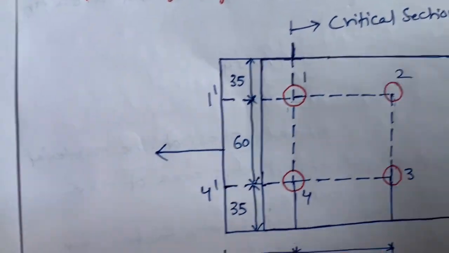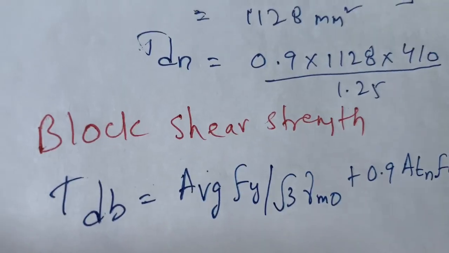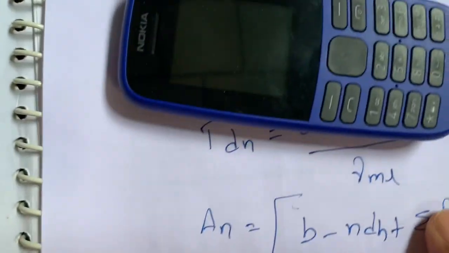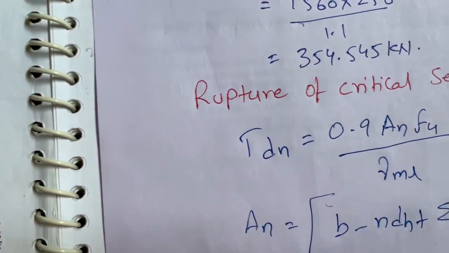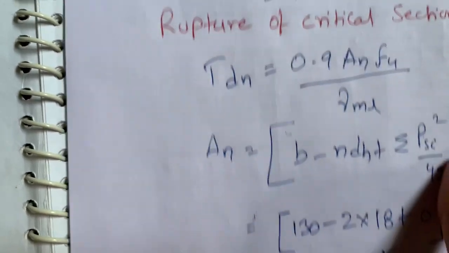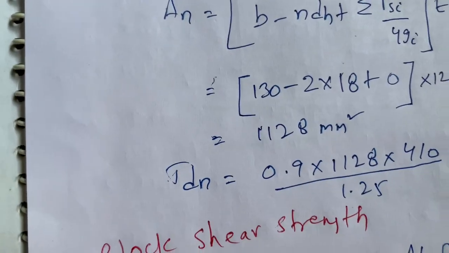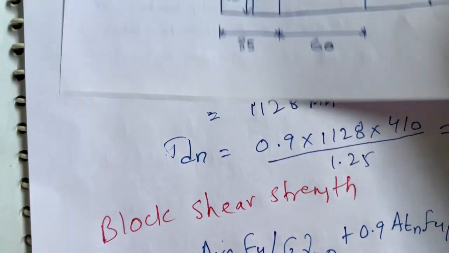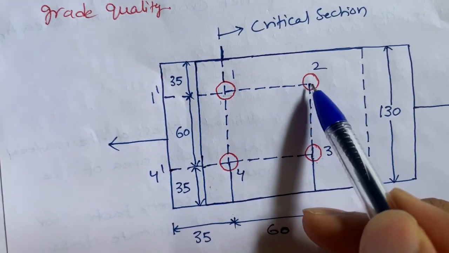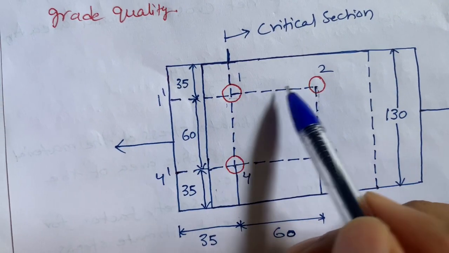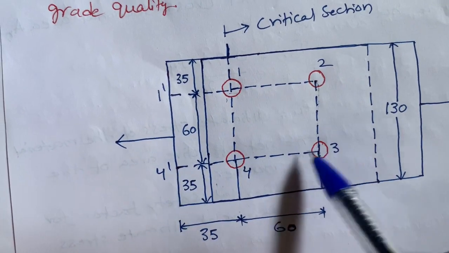So we need to calculate both tension and shear. In the diagram, Avg means the minimum gross area in shear, that is the 1, 2 and 3, 4 sections. The gross area in shear is in this direction, both directions.